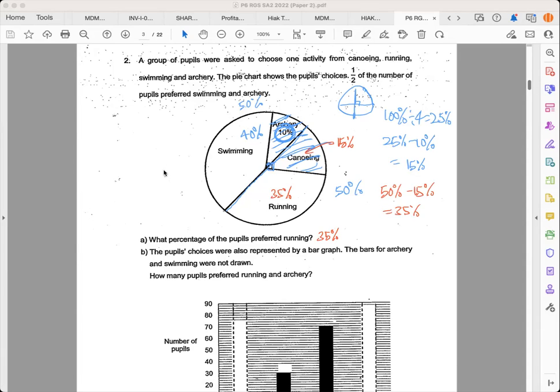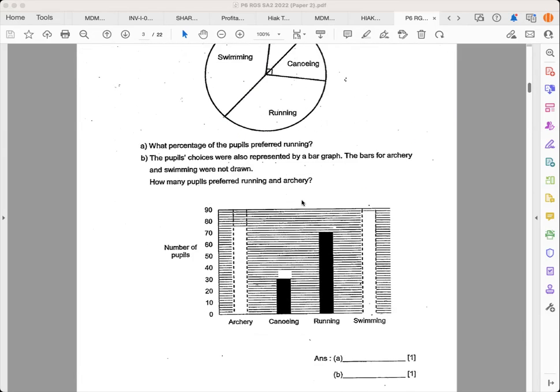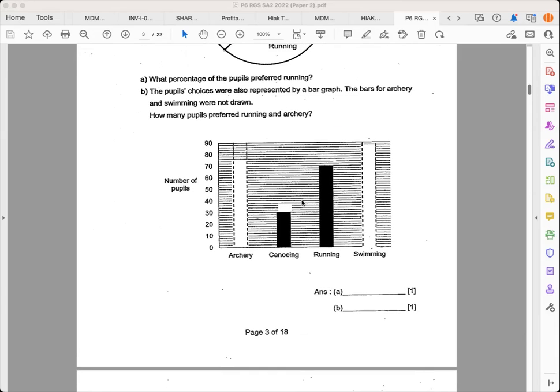The pupils' choice were also represented by a bar chart. The bars for archery and swimming were not drawn. How many pupils prefer running and archery? So let me clear up these and push the diagram up a little so that I can teach you how to do part B. Right now, this is 35%.